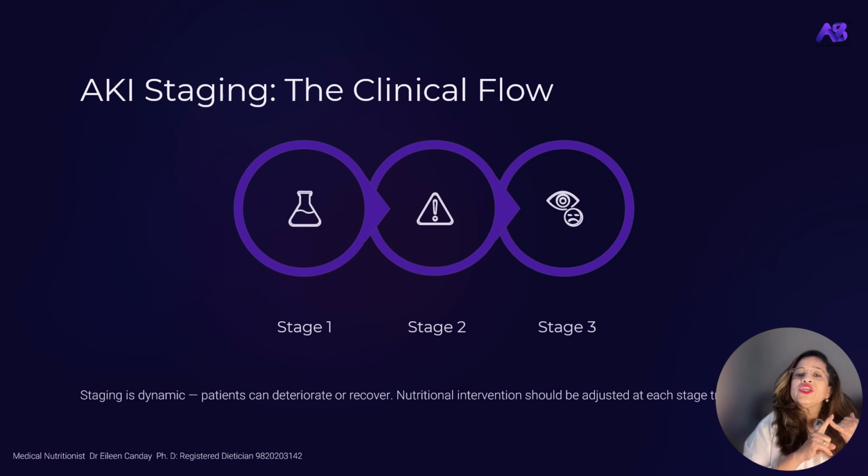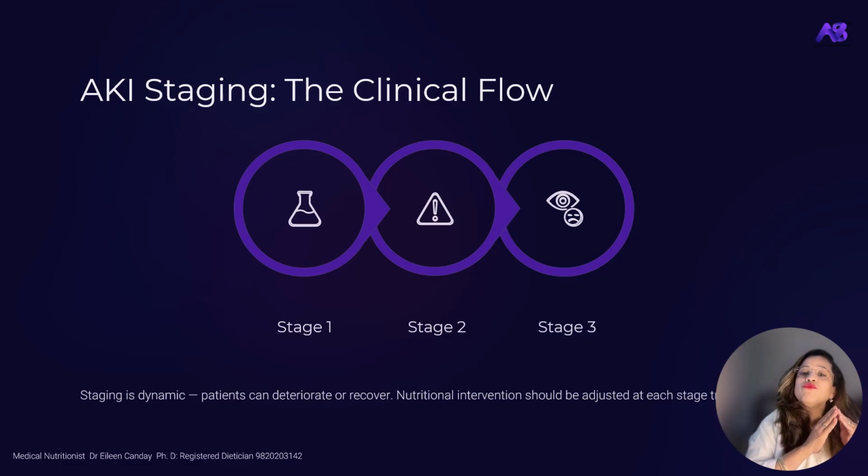So AKI staging follows 3 progressions from stage 1 to stage 3. First, the initial detection phase representing the lab testing; second, the warning signs that emerge requiring heightened attention; and third, when there is a critical deterioration. Okay, remember one thing, the staging is not static.